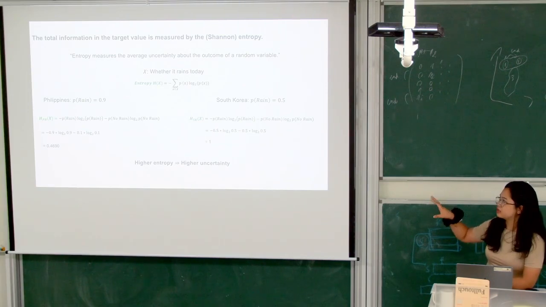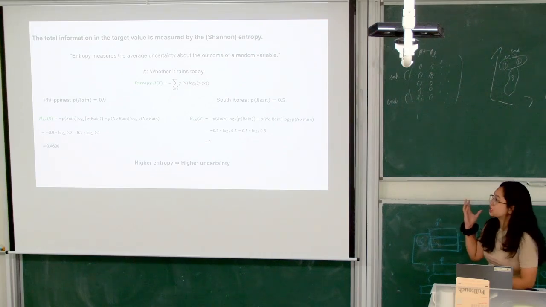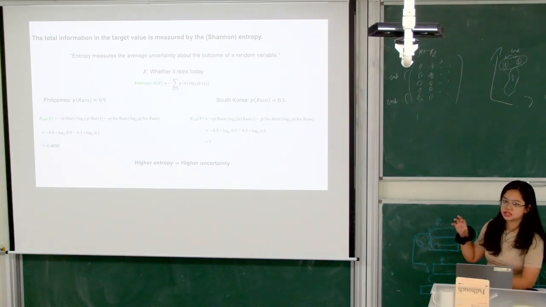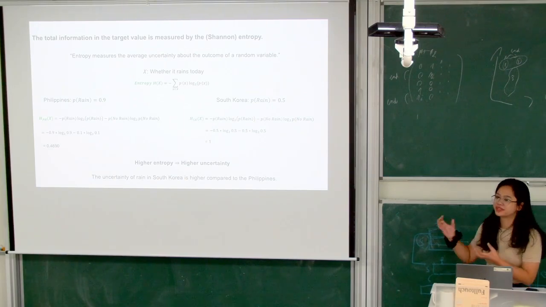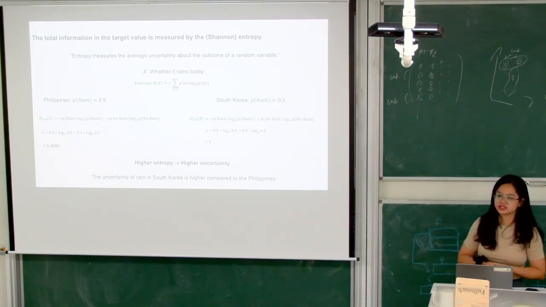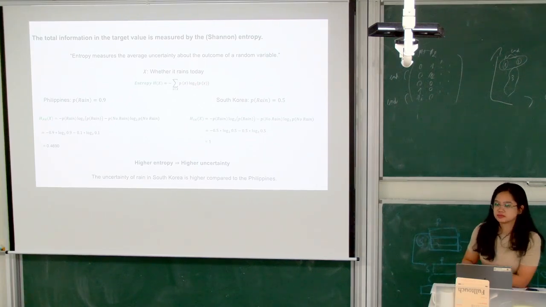However, in the Philippines, since the chances of rain are higher, the uncertainty is much lower. If the probability is 0.5 in both cases, then the entropy is the same, so the uncertainty is just equal. Is the concept of entropy clear?